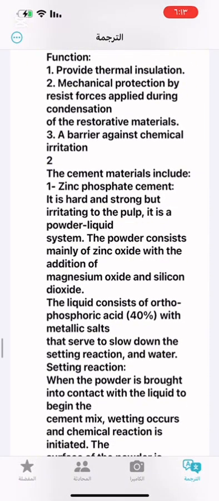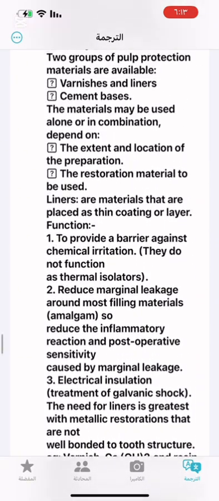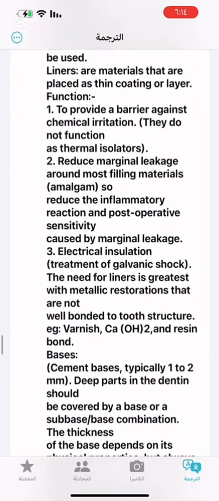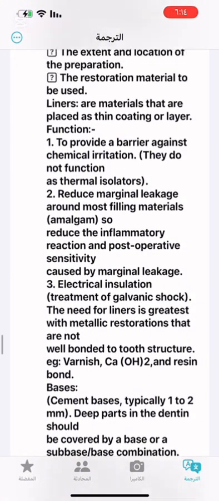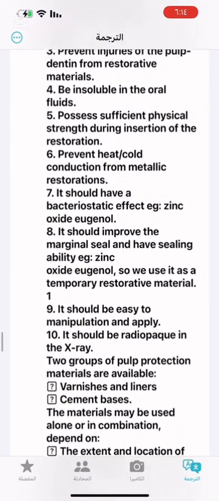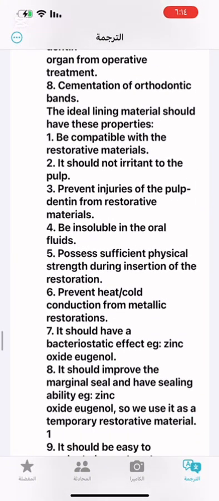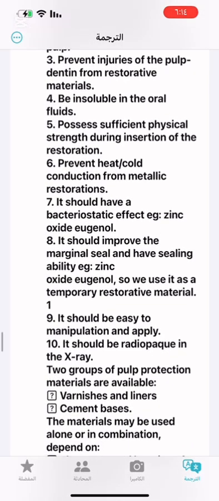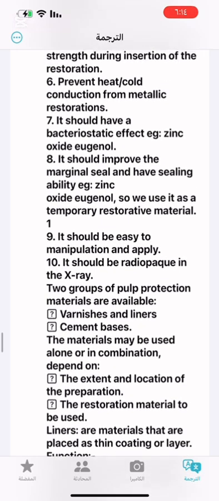To reduce the risk of microleakage. 4. Cementation of cast or ceramic restorations. 5. As a pulp capping. 6. Some have bactericidal or bacteriostatic properties. 7. Prevention of the risk of long-term damage to the pulp-dentin organ from operative treatment.